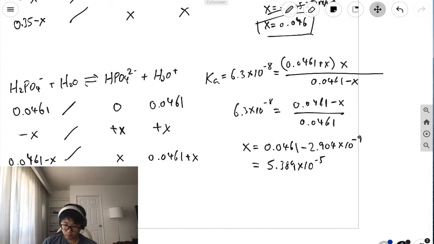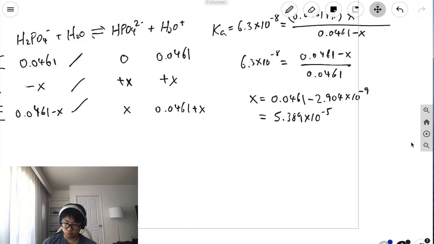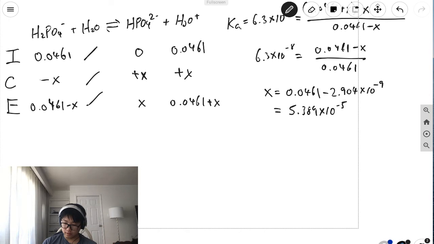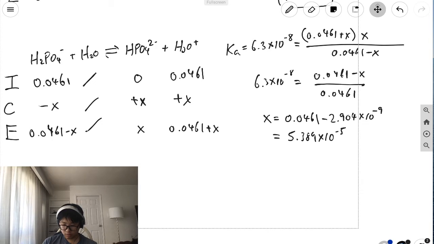Wait, was that what they wanted? No, they wanted the H2PO4, yeah. So you want to plug it back into the expressions, and then you can report back to me for the final answer there. Yeah, you want H2PO4. So 0.0461 minus whatever x you just found there.